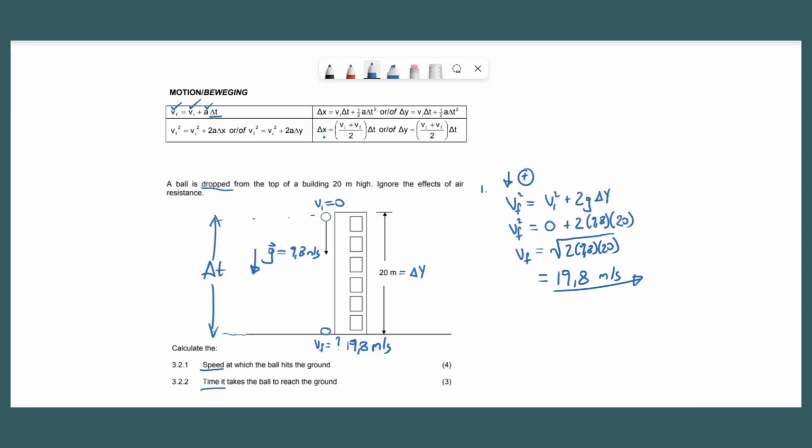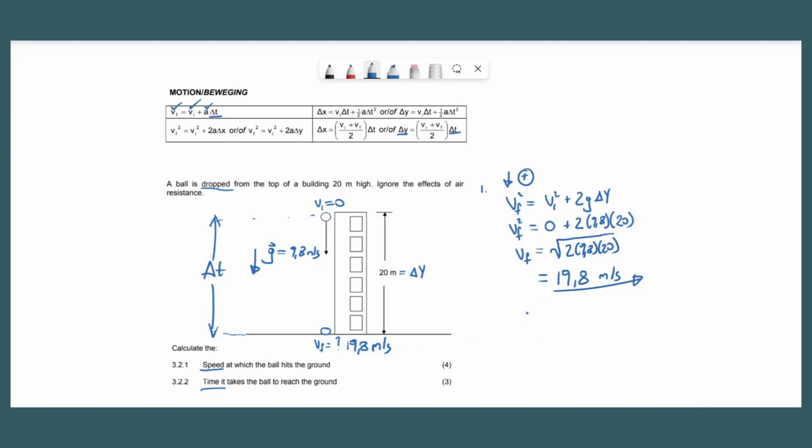And likewise, we can also use this one here. Again, we do have the change in position, we do have the initial velocity and the final velocity, and we just want to solve for the change in time. So you can use any of these three equations, whichever one you prefer in this particular question, and you should be able to find the time it takes the ball to reach the ground.